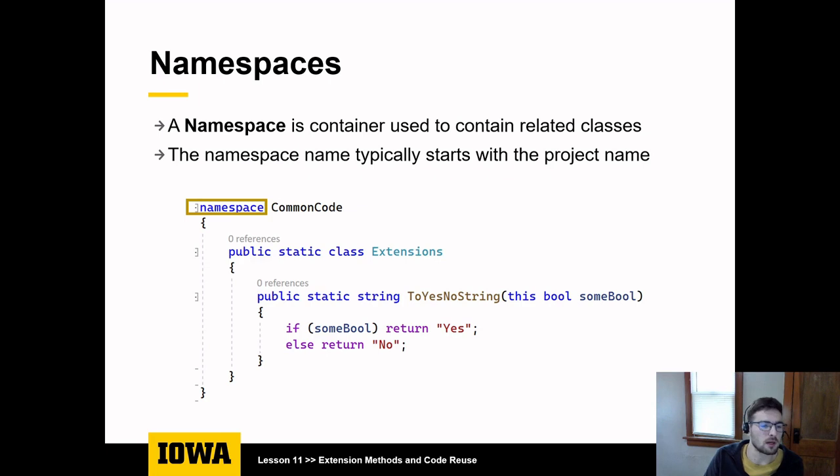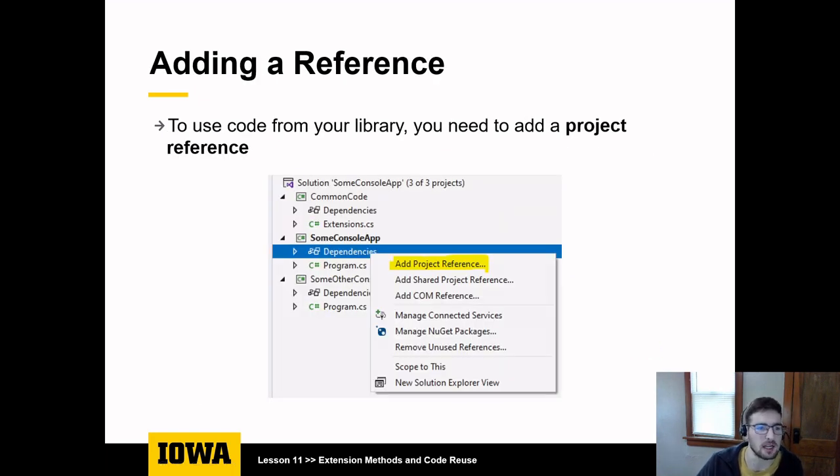And then one last thing I wanted to mention here was namespaces. We haven't explicitly talked about namespaces, but I'll just do it here. All a namespace is, is a container used to contain related classes. A common thing you'll see is that a namespace typically aligns with a project name by default.